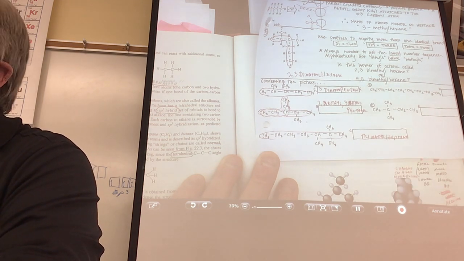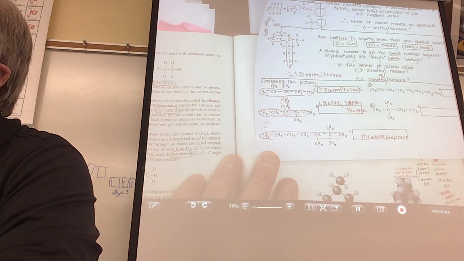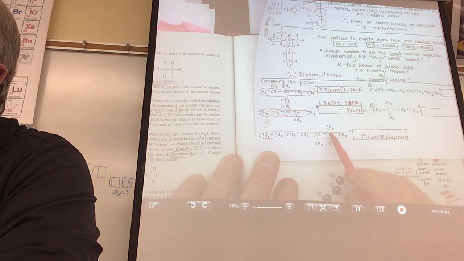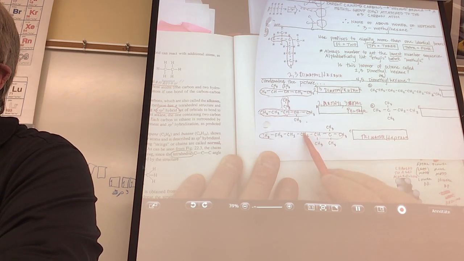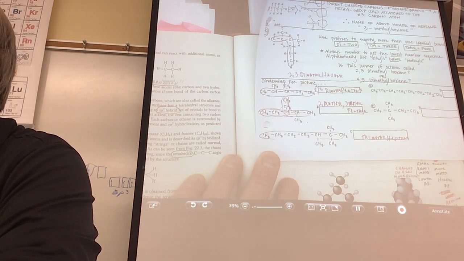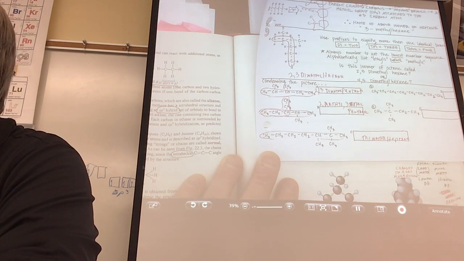Now, is that the only way you could have trimethyl heptane? Or could I do one here, one here, one here? Oh, well, if there's more than one way to do trimethyl, you got to tell me the numbers, okay? So which way you want to number it? 2, 3. That's only 2 of the methyls.